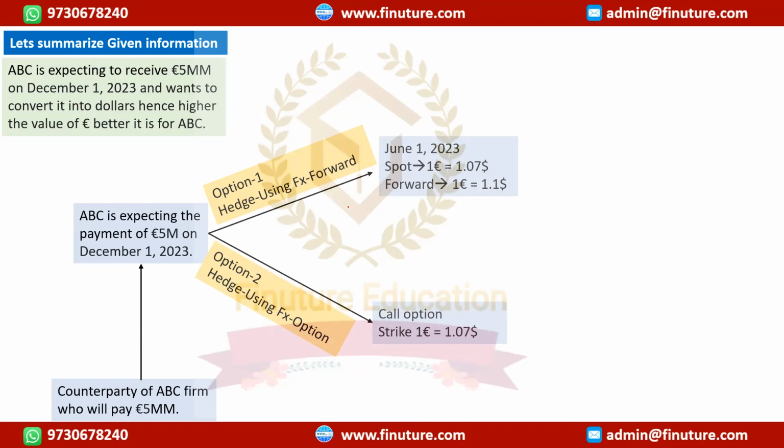So basically he wants to sell these 5 million euros, he can sell at this price, or he can short a call option, wherein if this goes down, he has his money with him, and he has already shorted the call option, so he has earned some premium.